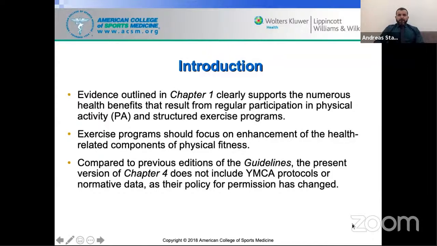Okay. Now, one thing that you're going to see in this book, and it's different from the previous version of GETP, is that now we don't have the normative data that we used from YMCA. Normative data, I hope you remember, are data that have been created after we tested a lot of people, right?